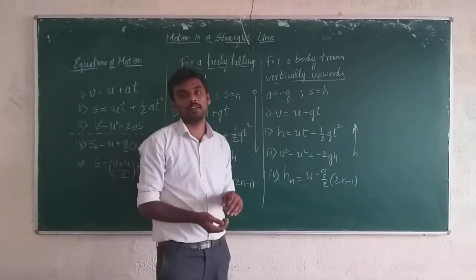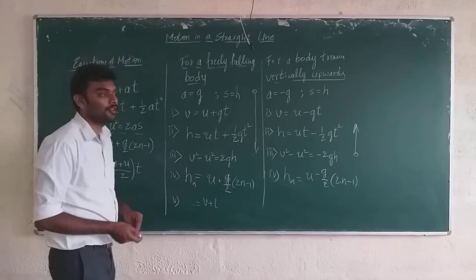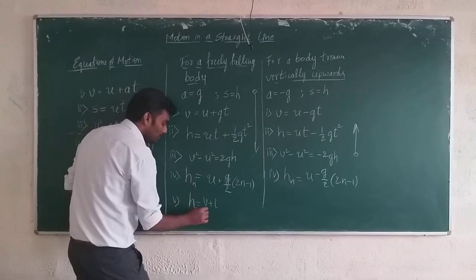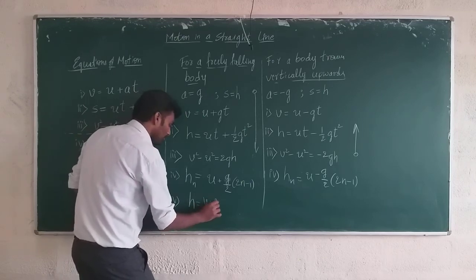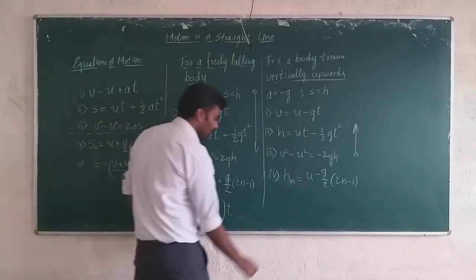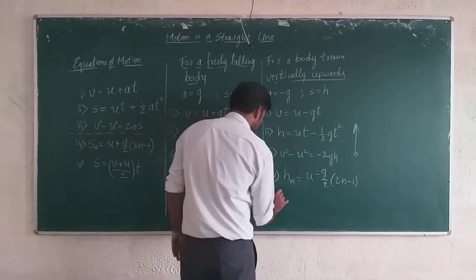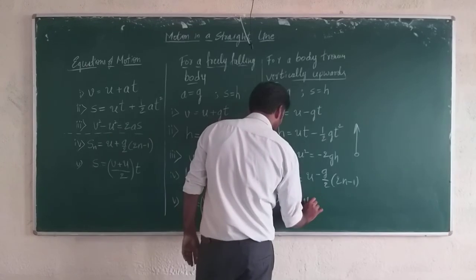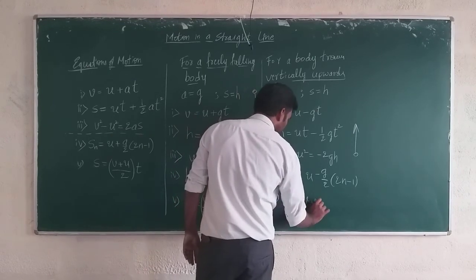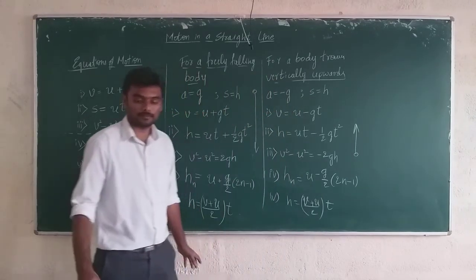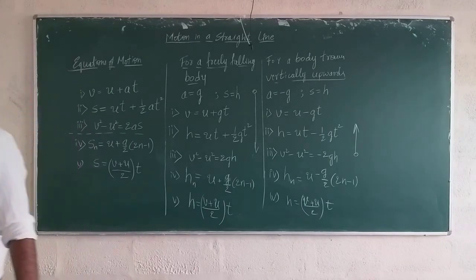Height of the body fallen or height of the body achieved when I throw it up. So this is going to be h is equal to v plus u by 2 into t. Similarly here, h is equal to v plus u by 2 into t. Clear?